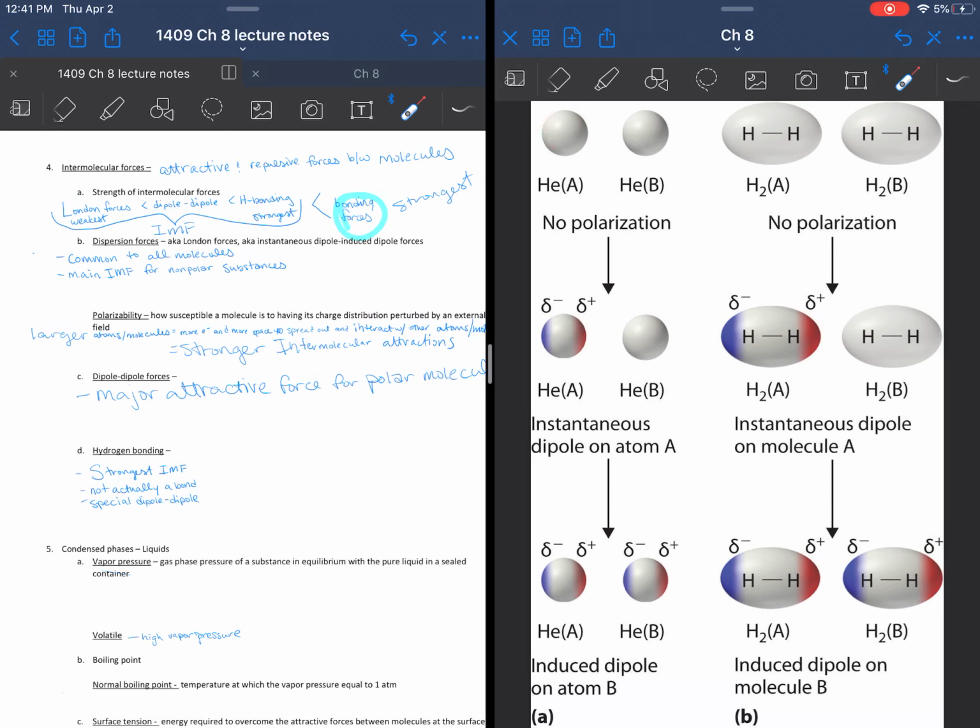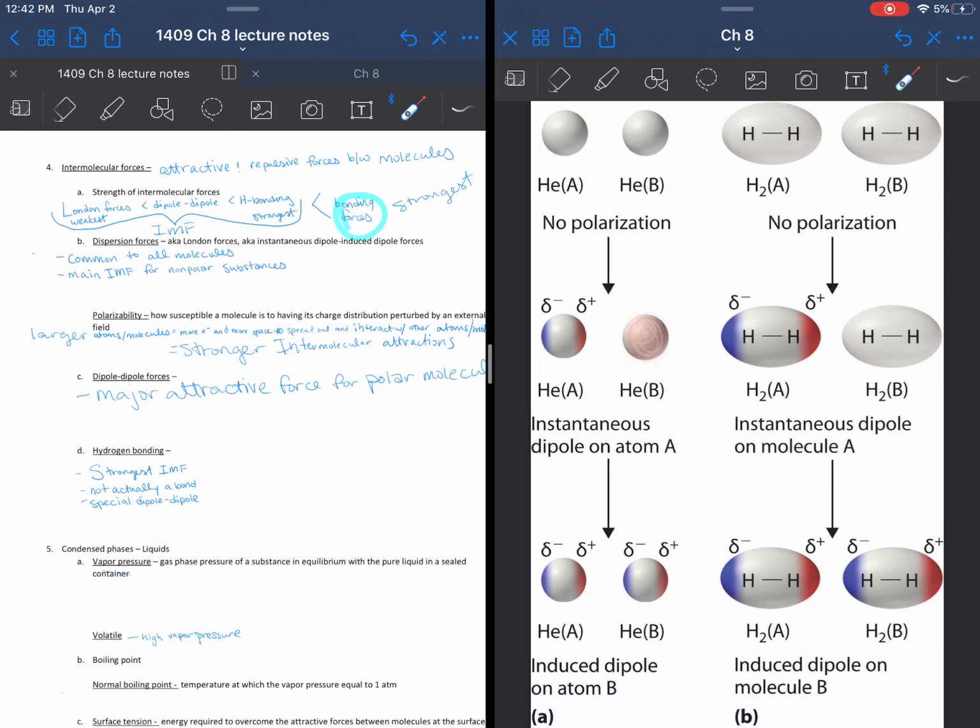So in a given instant, more of your electron density might be on the left, which would make the right a little bit electron poor. This is temporary, this is fast, but this is a dipole, a separation of charges that does occur in even your most nonpolar scenarios, like with the helium atom or the H2 molecule, where there's no electronegativity difference.